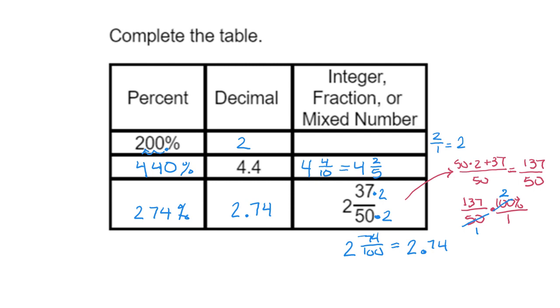So now I would just take the 137 times the 2, and we will end up with 274, and don't forget the percent symbol. So you can, if you want to, go from a fraction to a percent.